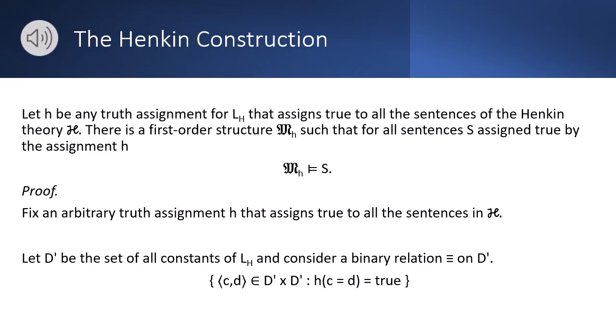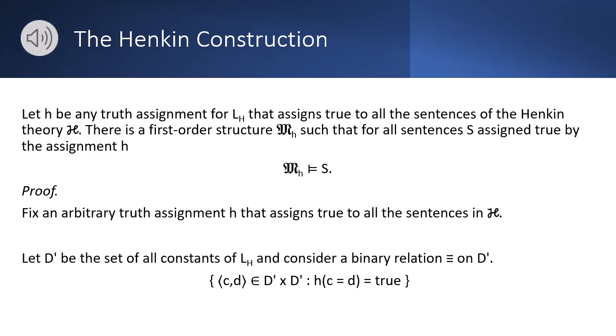In other words, it makes that sentence true within that particular structure. And that's why it's called the Henkin construction, because you're constructing this first order structure that makes that sentence S true, or those sentences S true, which were marked as true by the truth assignment.